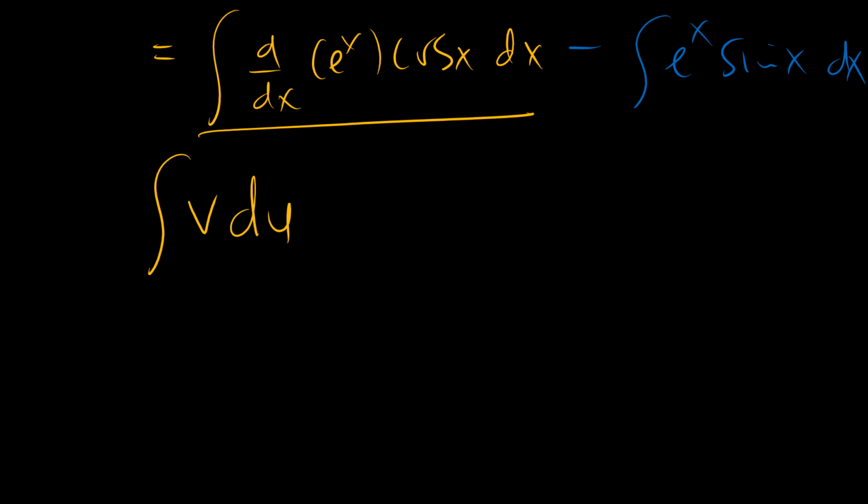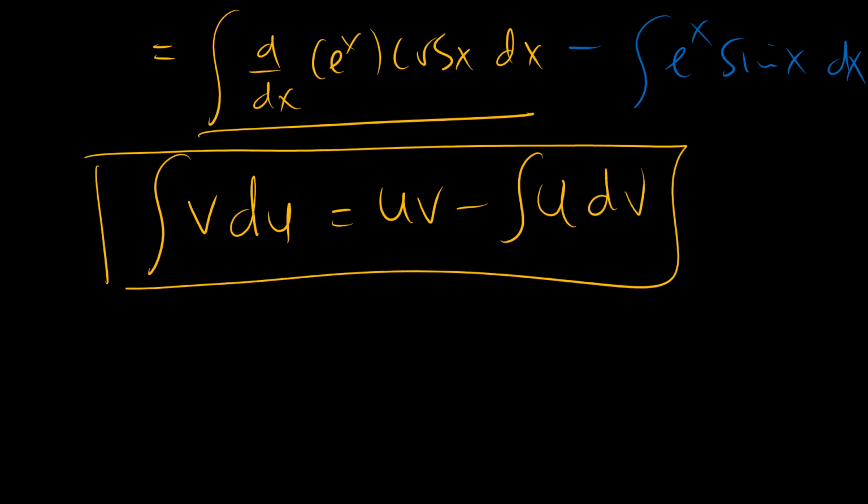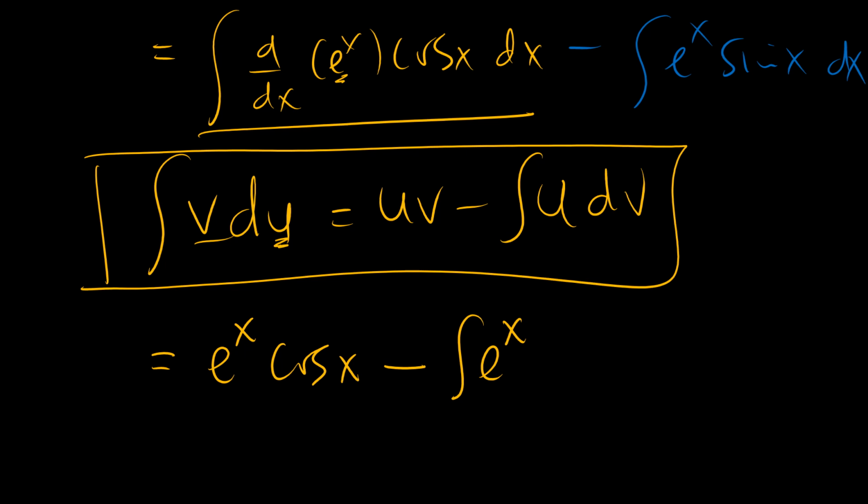The integral of u times the derivative of v is the same as uv minus the integral of v du, such that if u is e to the power x and v is cosine x, then the yellow integral becomes e to the x cosine x minus the integral of e to the x times the derivative of cosine x, right? And then we shall keep the blue as it is.